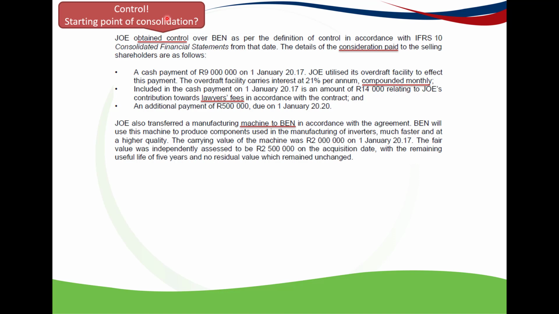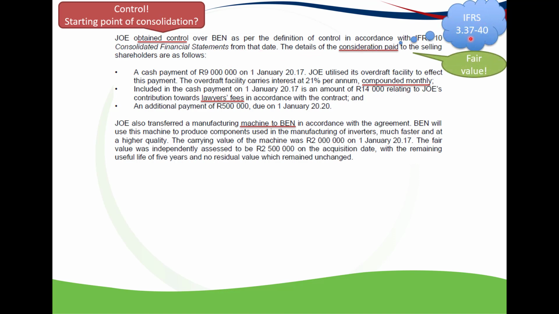Remember that the consolidated entity is seen as one economic entity which cannot have transactions with itself and investment in itself, and that's also the reason why we have to eliminate all intra-group transactions, because it cannot have any transactions with itself. If we continue, the details of the consideration paid to the selling shareholders are as follows.